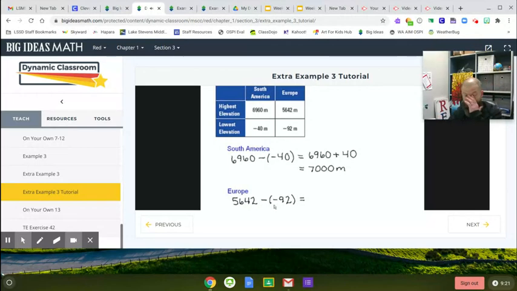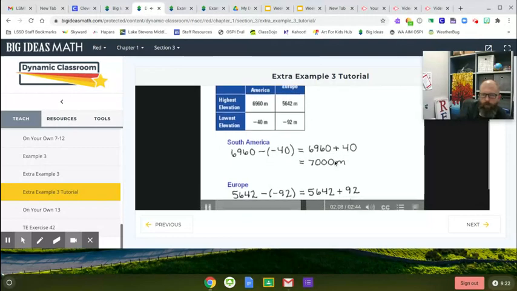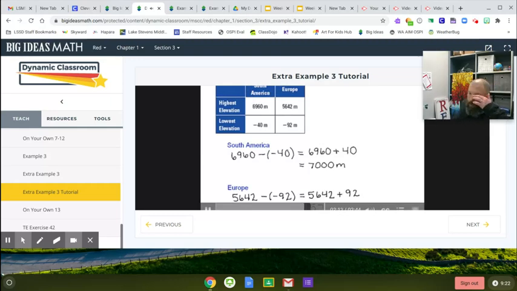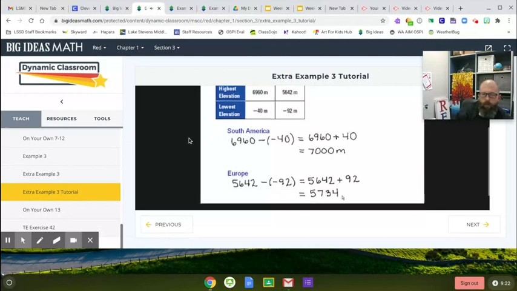Then we add the opposite of -92, which is +92. So we have 5,642 plus 92. And that equals 5,734. So the range of elevation is 5,734 meters.